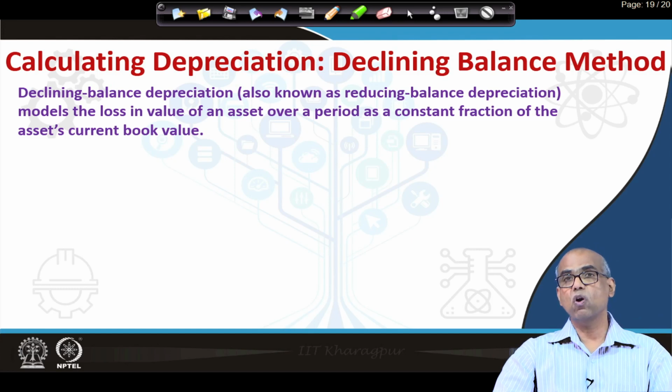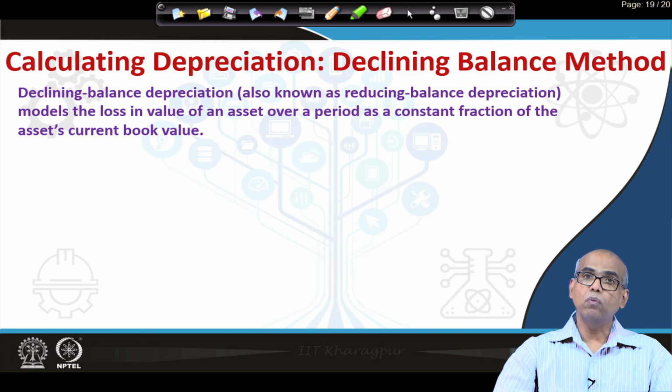That fraction remains constant throughout, but since the book value goes on changing, the amount of depreciation charged will vary from year to year. In the beginning years it will be more and in later years it will be less.